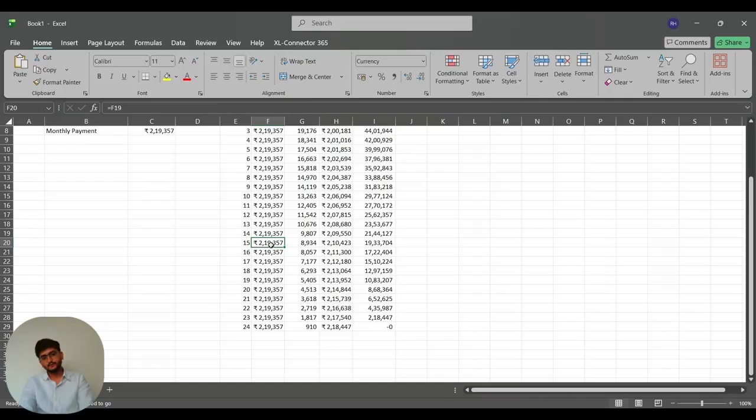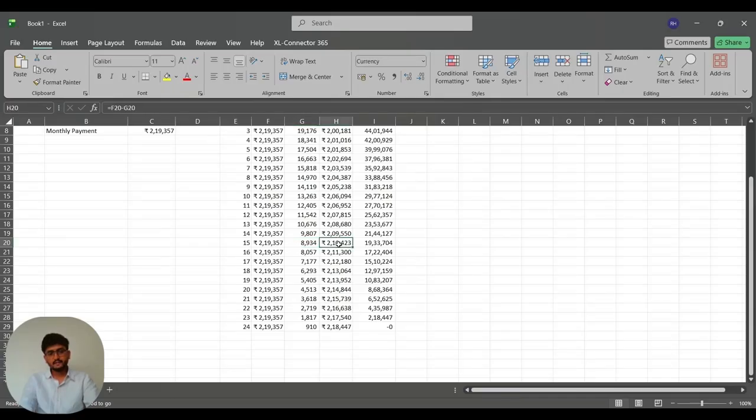In the 15th month, as you know, what was our EMI? 2,19,357 rupees. What was the interest rate for the month? We converted to the monthly interest rate. Our annual interest rate is 5%. Now the monthly interest rate is 0.4167%. That is what we are doing here. It is 8,934 rupees, we calculated.